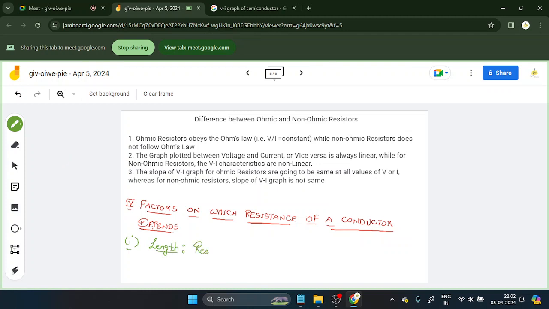Resistance of a conductor is directly proportional to its length. Clear? These things are observed experimentally.